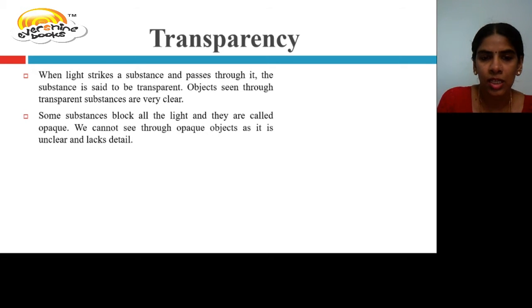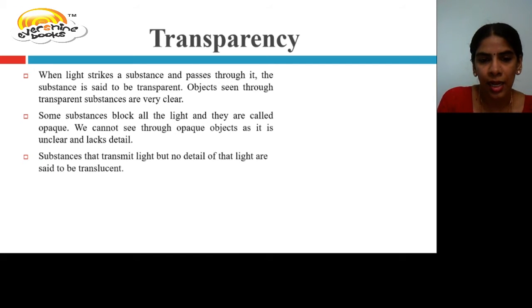We cannot see through opaque objects as it is unclear and lacks detail. Substances that transmit light but no detail of that light are said to be translucent. That is, transmission will take place but we cannot see any detail.